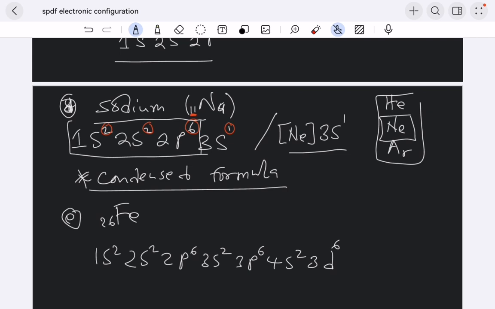Yes, so this can also be written as a condensed formula. We know that argon is 18, so we count from here 18, and all this represents argon. So I can do this and say argon 4s2, 3d6. So that is another way of representing iron using the condensed formula.